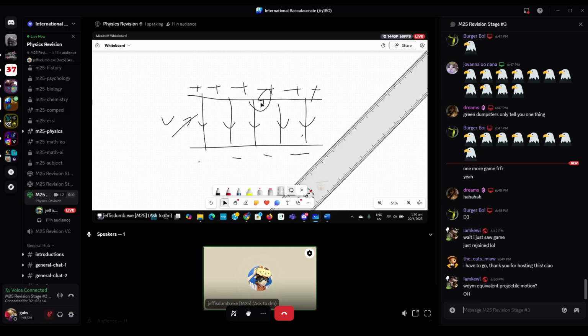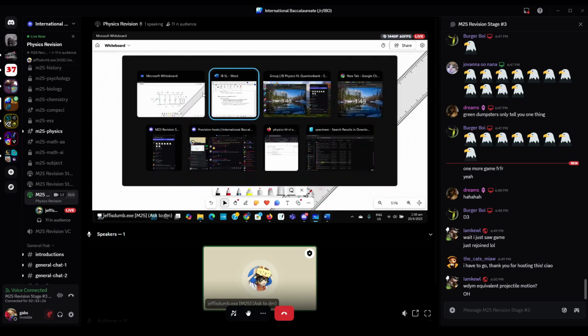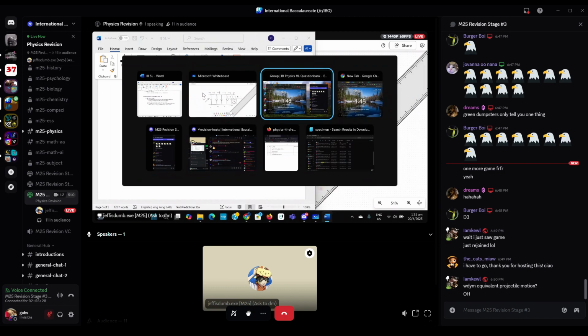So it accelerates down and goes through projectile motion, like how a mass in a gravitational field undergoes projectile motion, like what you do in A1.